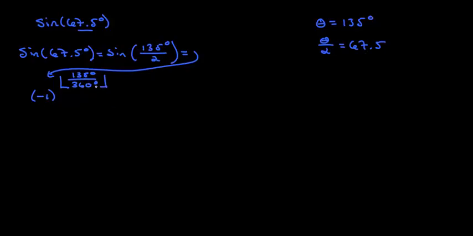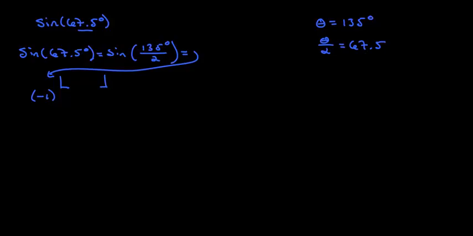So we take the floor of this. It won't really matter whether we've got it in radians or degrees, but because the formula is in radians, let me put it in radians for you.